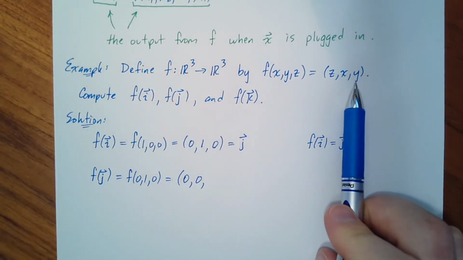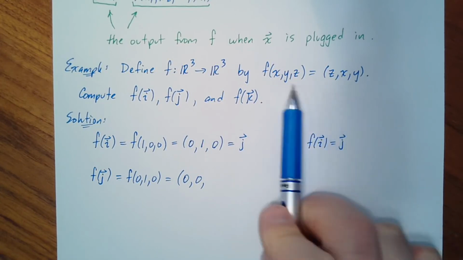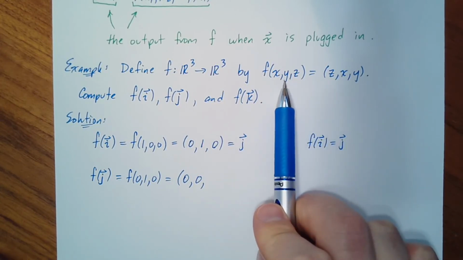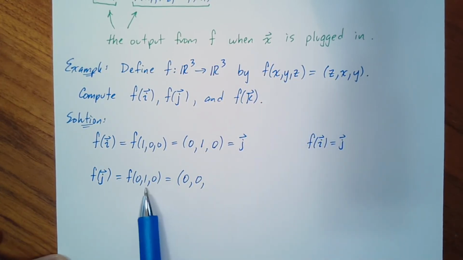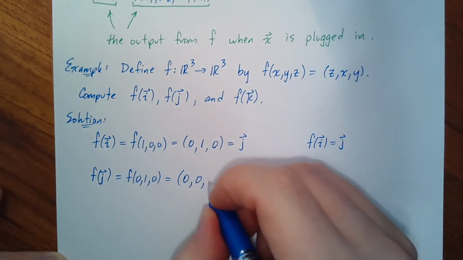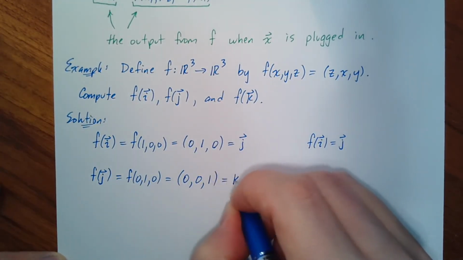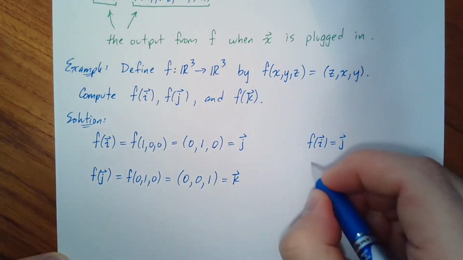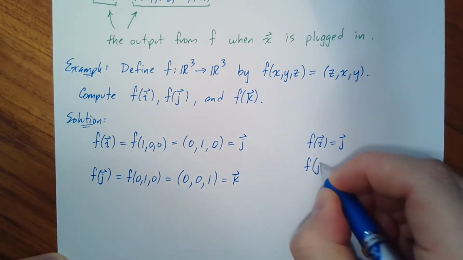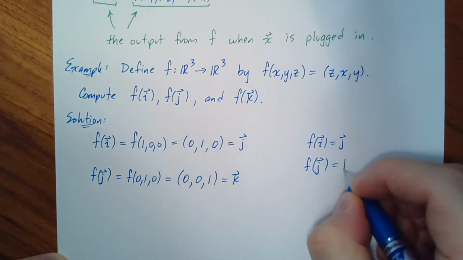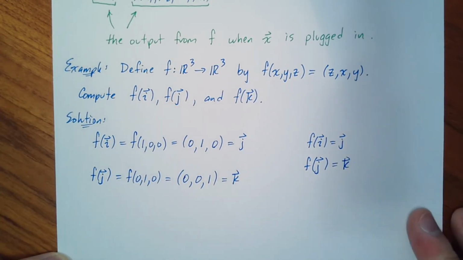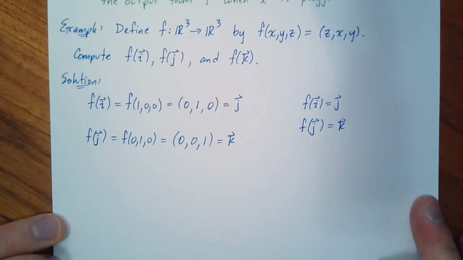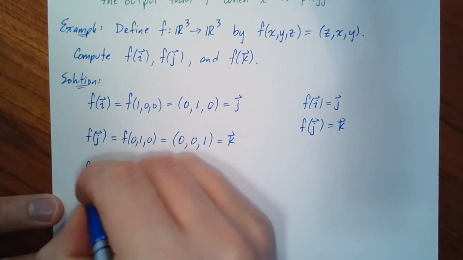It's y, but what's y? Y is the second coordinate of the input vector, which is 1. And that's actually the vector k. So therefore we have f of j is equal to k.